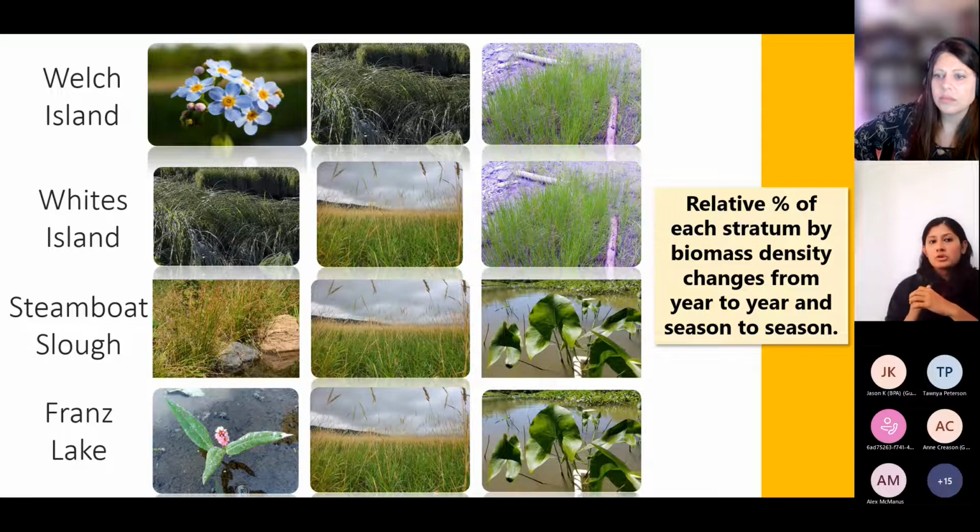Moving over to Steamboat Slough, during the summertime, we noticed that the high marsh was dominated by reed canary grass as well as soft rush, or Juncus effusus, whereas the low marsh has been completely dominated by wapato. And over at our more fluvial Franz Lake sampling site, we have seen a 40% reed canary grass to 60% water smartweed, or Polygonum amphibium, split in the high marsh, whereas the low marsh biomass density is dominated by wapato.